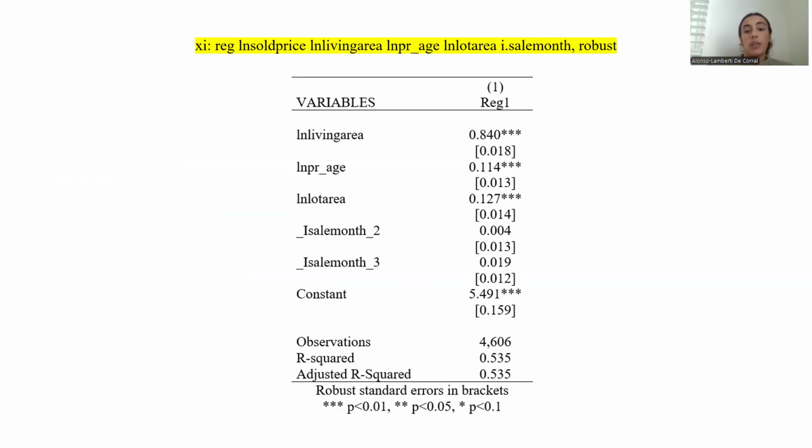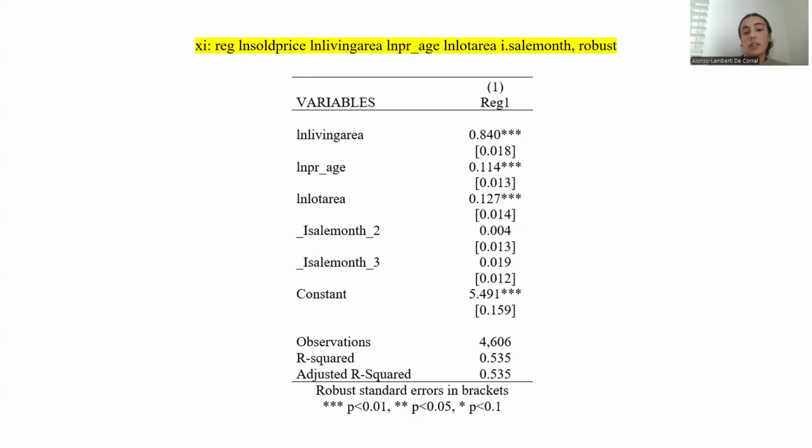We have that 3 of our variables are significant, and because they are all natural logarithms, we will interpret their coefficients as percentages. A 1% increase in living area is associated with a 0.840% increase in sold price on average, holding all else constant.